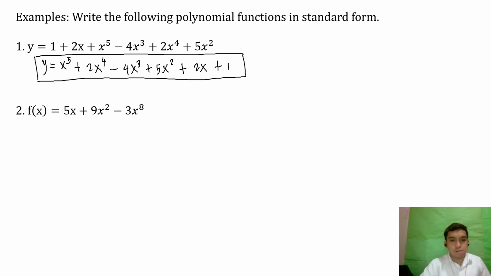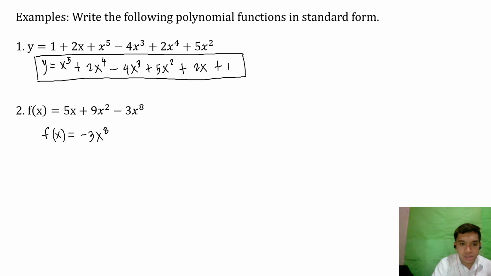Now let's proceed to number 2. F of x equals 5x plus 9x squared minus 3x raised to 8. So again, f of x is equal to negative 3x raised to 8 kasi yan yung ating term na may pinakamalaking exponent. So siya yung mauuna.